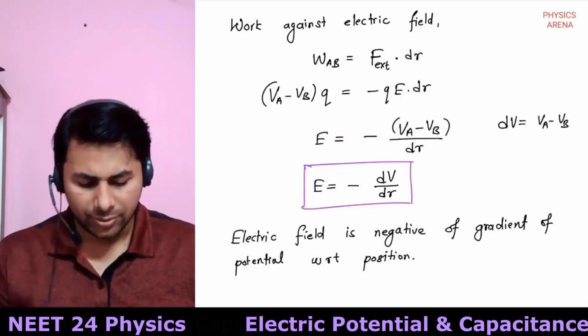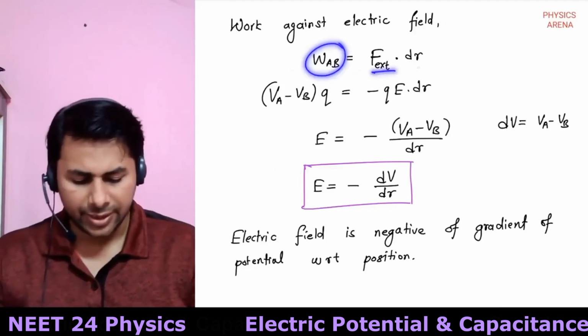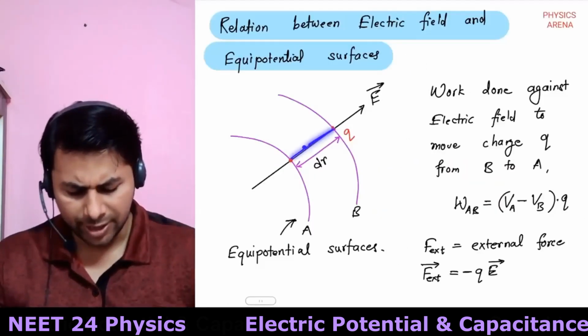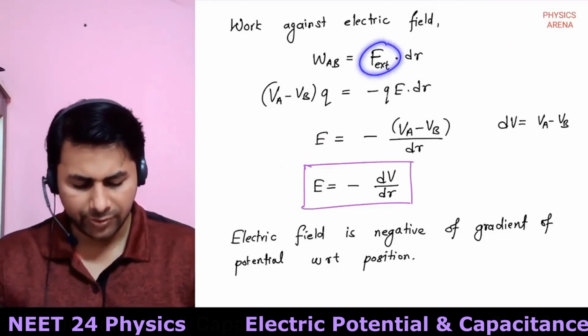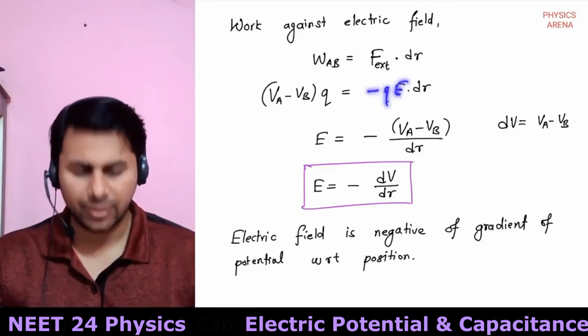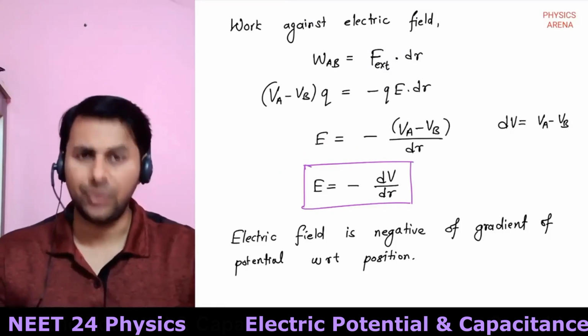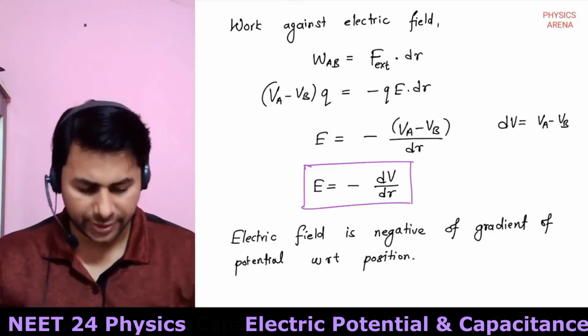Okay. So now this work done can be written as external force dot dr. dr is the displacement. And this force is equal to minus Q times E. We are considering a unidirectional, one-dimensional case.